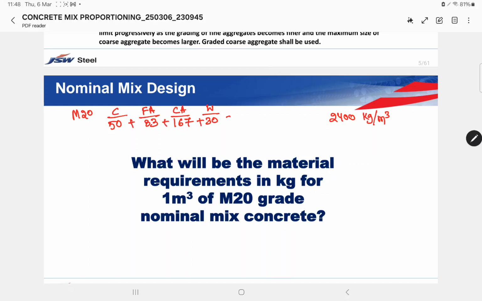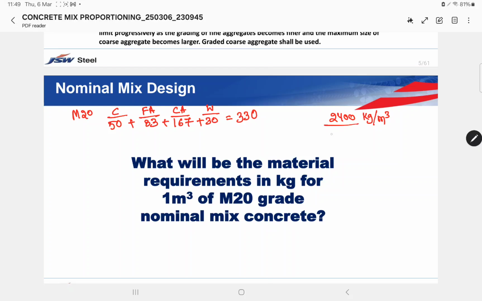Now, what we need to do is simply add all these material quantities. So, total material becomes 50 plus 83 plus 167 plus 30, 330. The total material quantity is 330.